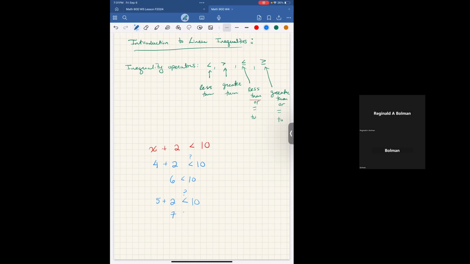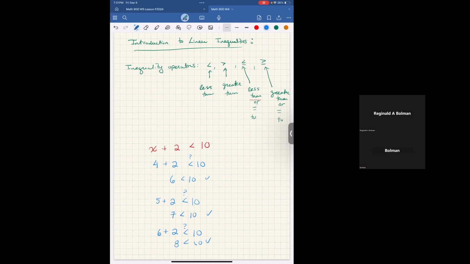We would, of course, say, yes, 7 is less than 10, just like 6 is less than 10. 7's greater than 6, but it's certainly less than 10. I could have just as easily picked 6 and asked the question, is 6 plus 2 less than 10? And here again, we would find that this value would also solve the linear inequality.